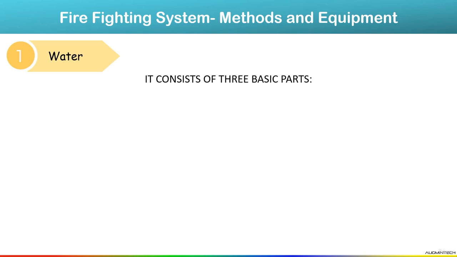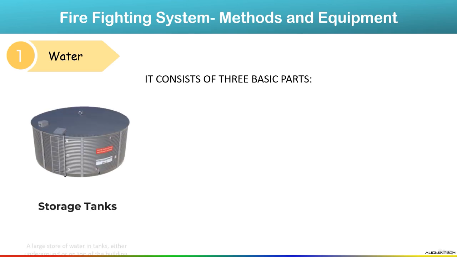It consists of three basic parts. First is the storage tank. The water is usually stored in concrete underground tanks. As we know, it is essential to ensure that this store of water always remains full. So it must have no outlets apart from the ones that lead to the fire pumps.